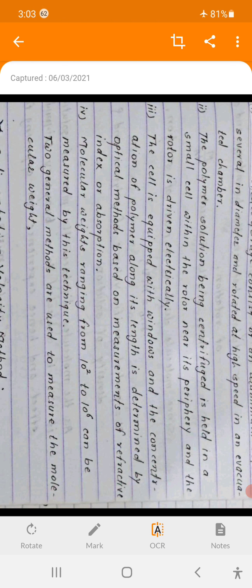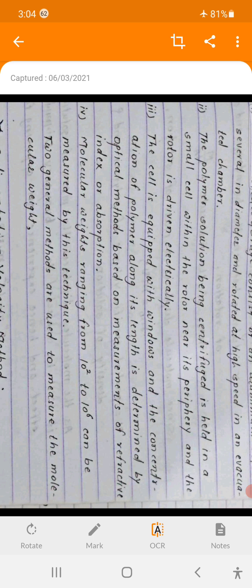There is a glass window adjusted, and through that glass window we can measure the refractive index of the polymer solution placed inside the cell in that rotor, after centrifugation.